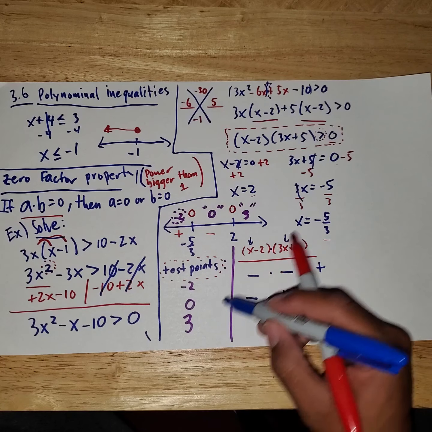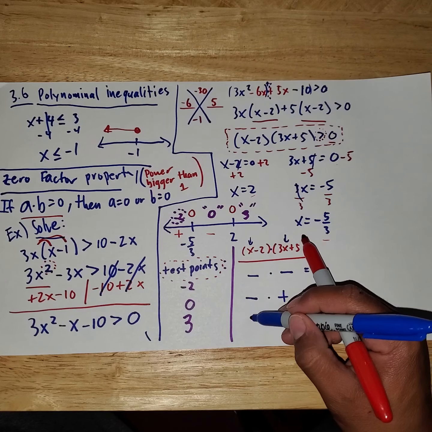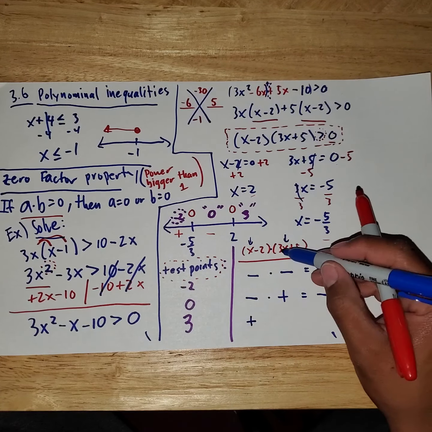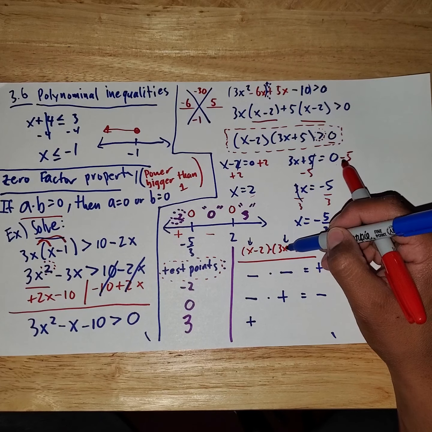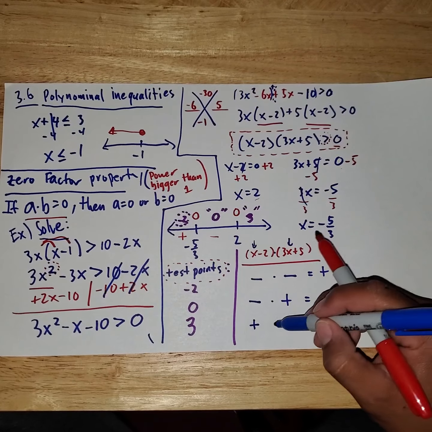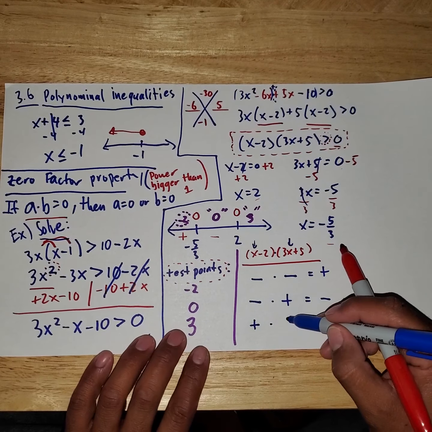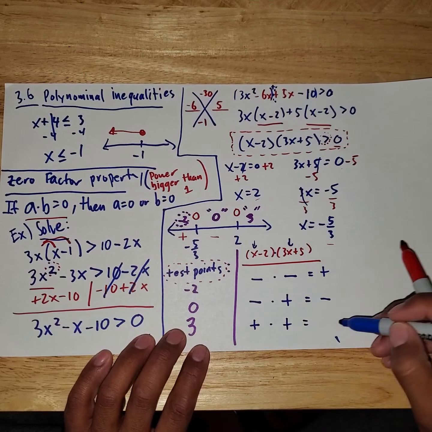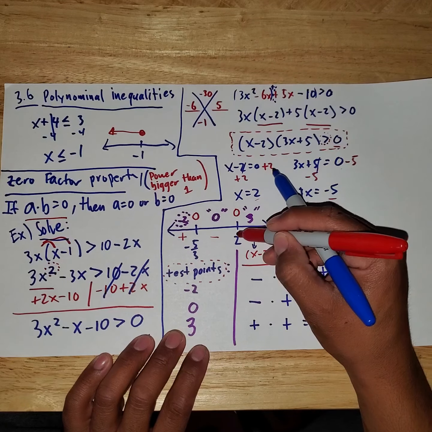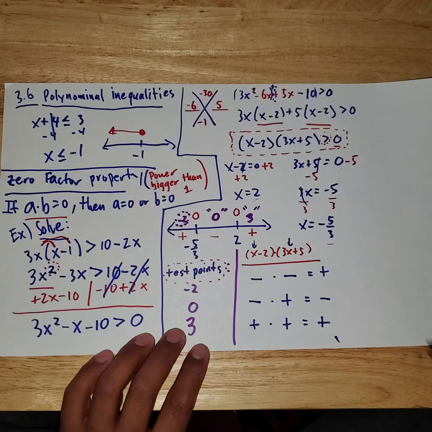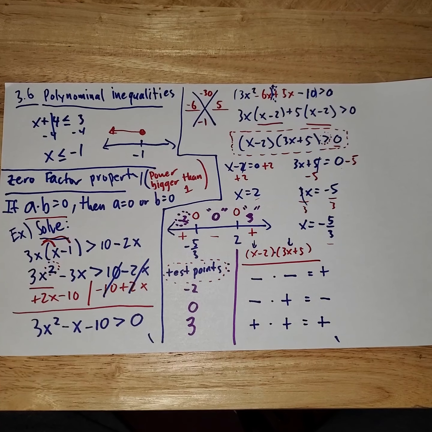And then I put in 3 minus 2. I know it's a positive number. If I plug in a 3 in here, 3 times 3 is 9. That's a positive 9. Plus a positive is still going to be positive. And a positive times a positive is still positive. So that means any number bigger than 2 is going to be positive.